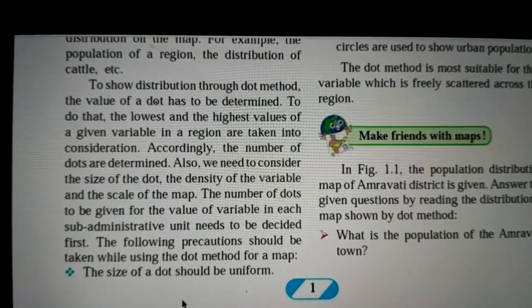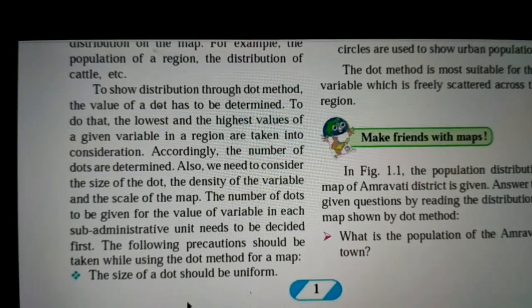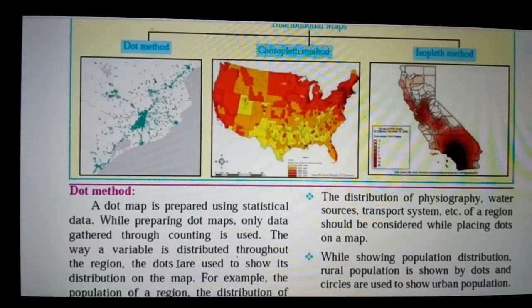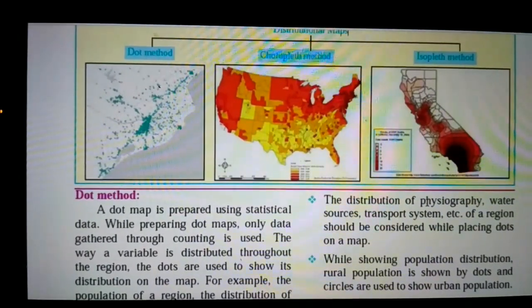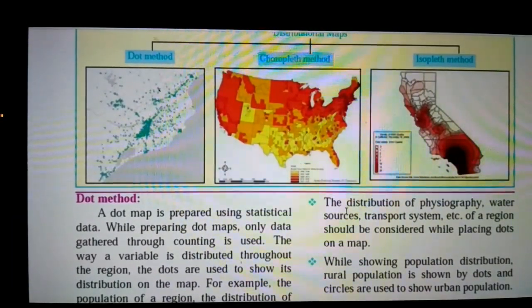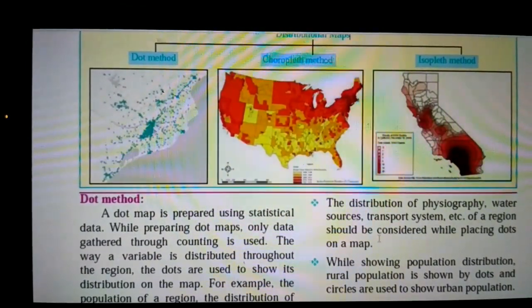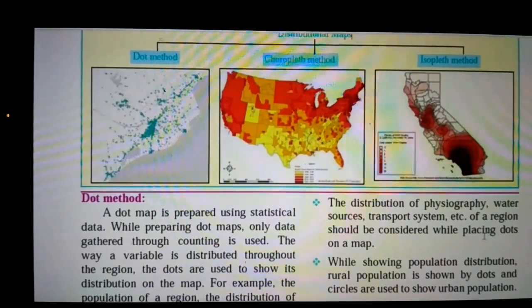The following precautions should be taken while using the dot method for a map. Number one, the size of a dot should be uniform. Number two, the distribution of physiography, water sources, transport system, etc. of a region should be considered while placing dots on a map.